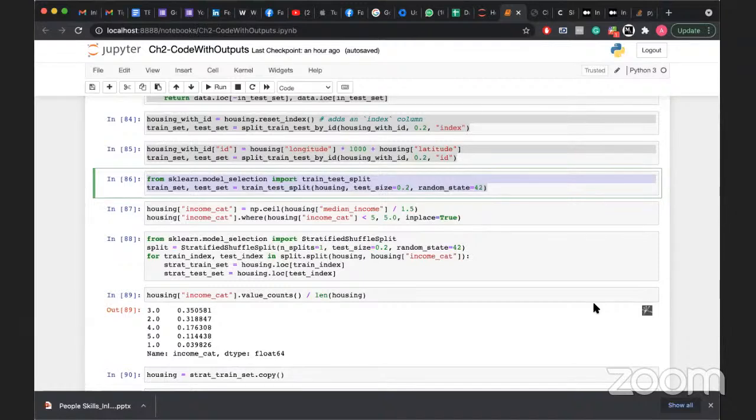This is the existing, pre-existing function. Yes, come on, guys.